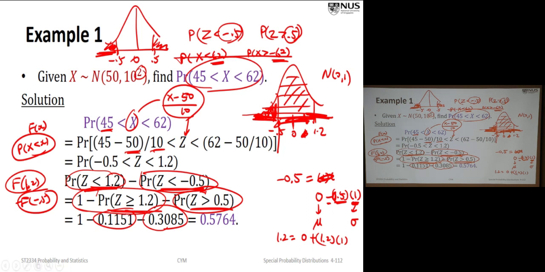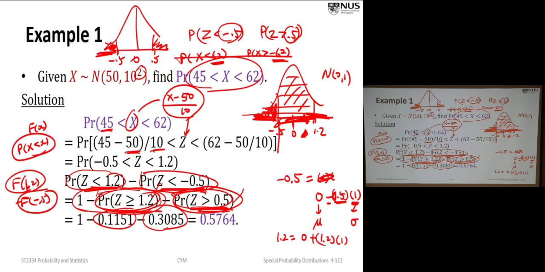Which one has a bigger probability? Z greater than 0.5, or Z greater than 1.2? Ask yourself, which one is a subset?